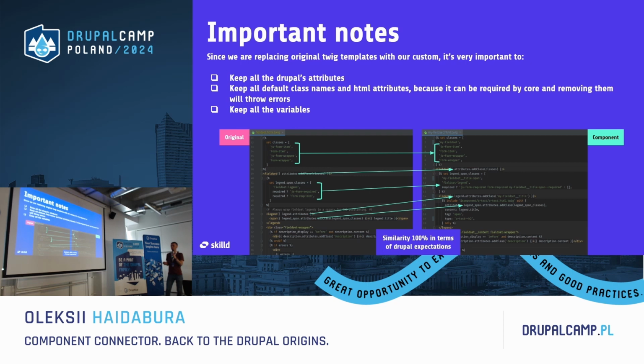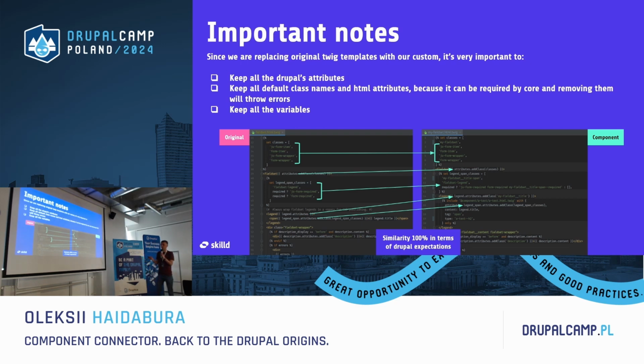You need to check the original template before creating your own, because it's a common mistake of front-enders who are not so familiar with Drupal. They create templates, but they forget about attributes, some content, some render elements, etc. And you cannot use them from Drupal, finally.